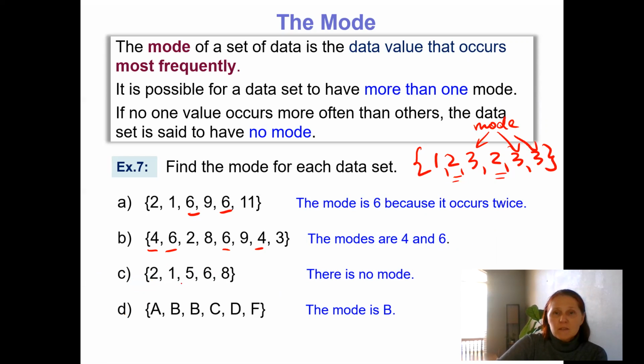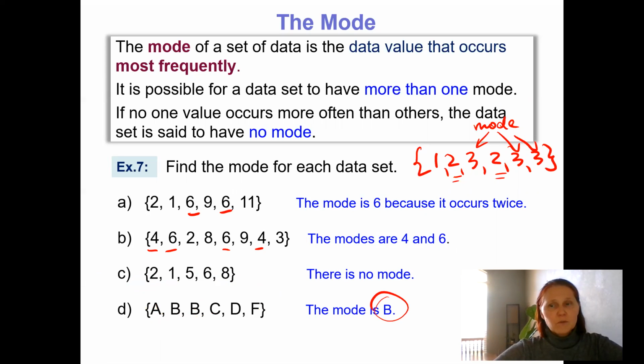In set C, there is no mode, and in the last set with letters, B is the mode. You see that this last method to find an average, the mode, can be applied to a qualitative data set.